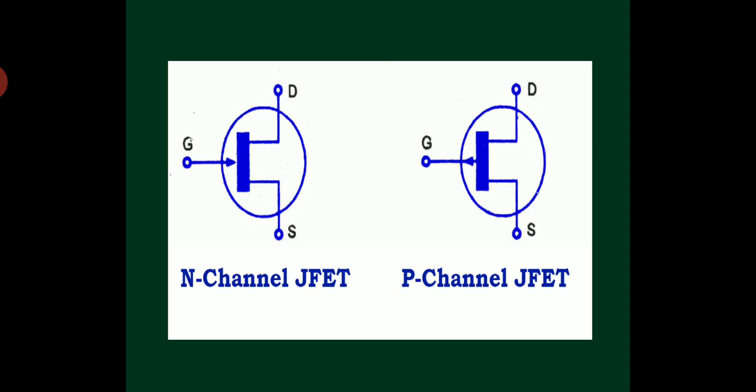So here in FET, the source and drain terminals are interchangeable. We can change the terminals. So I can use source terminal as drain terminal, and also I can use drain terminal as source terminal. But in BJT I can't use emitter terminal as collector terminal and collector terminal as emitter terminal.